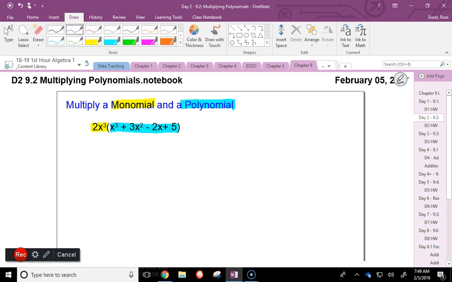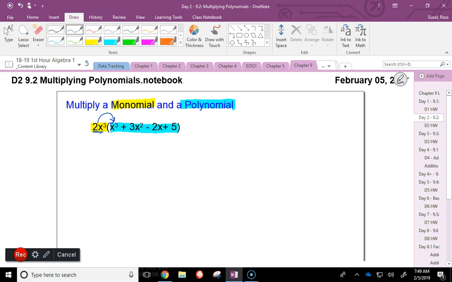I'm going to go ahead and I'm multiplying by the 2x cubed. So we would do 2x cubed times x cubed. And what do you think you get when I am multiplying variables with exponents? What do we do with our exponents?